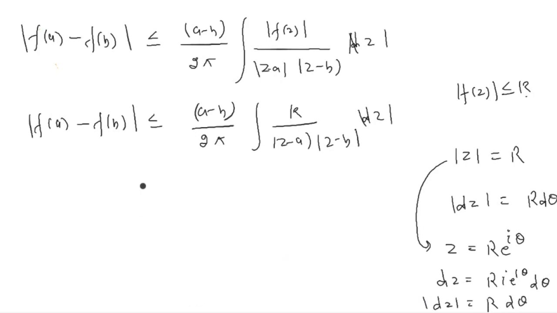So you can replace (a minus b) upon 2 pi, integration. We can take k outside, because k is a constant, and dz equals r d theta upon mod z equal to r.